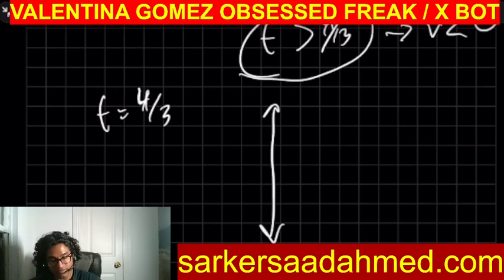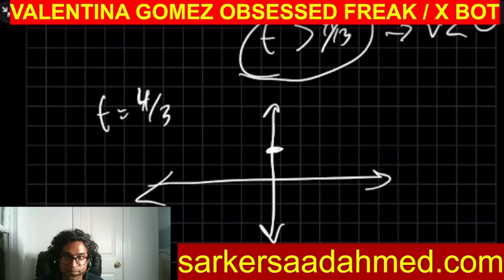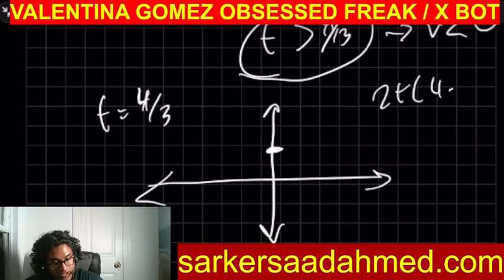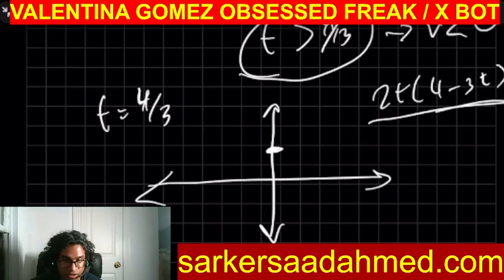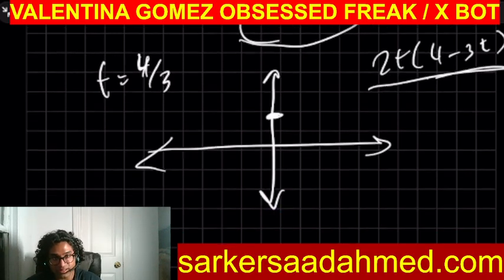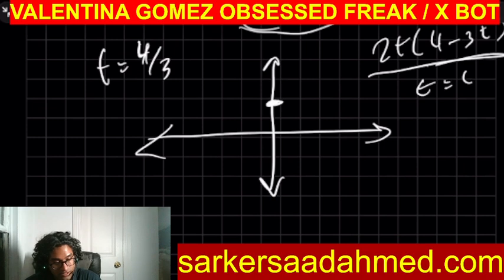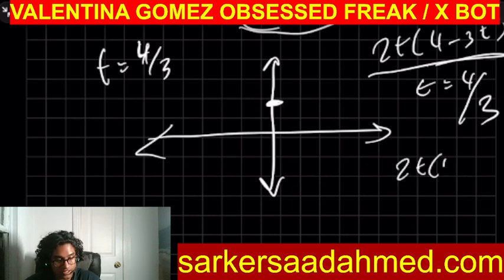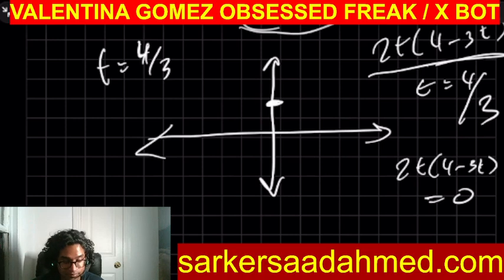If I were to draw a graph, whatever the graph is, if I have 2t(4 minus 3t), I'm going to plot this graph on and on, and at t equals 4 by 3, I'm going to see that 2t(4 minus 3t) ends up 0. So I'm going to see a 0 here at 4 by 3, right?